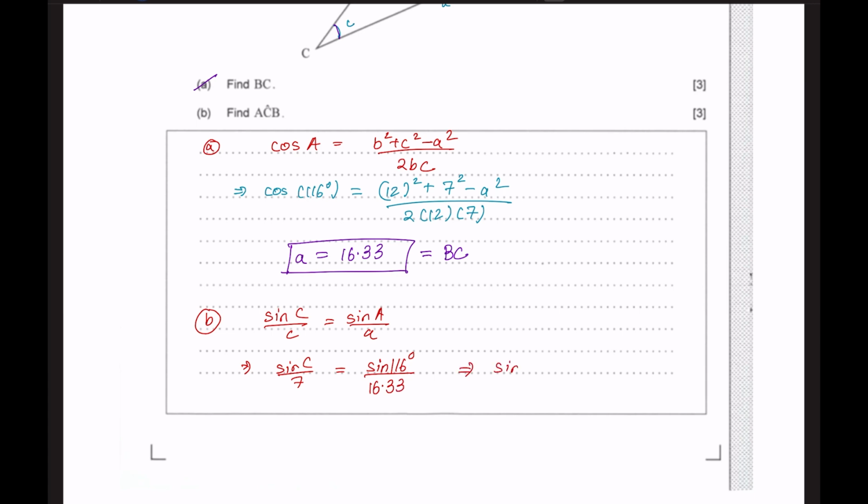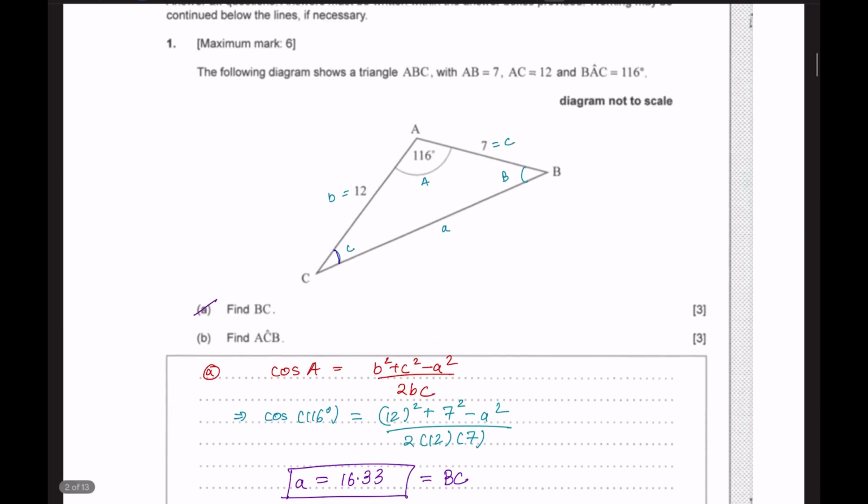Here I can say sine C would be, if I plug everything in my calculator, 0.3853. And from here, if I do sine inverse of the answer, I'll get 22.7 degrees. So ACB would be 22.7 degrees. That's the answer to part B.